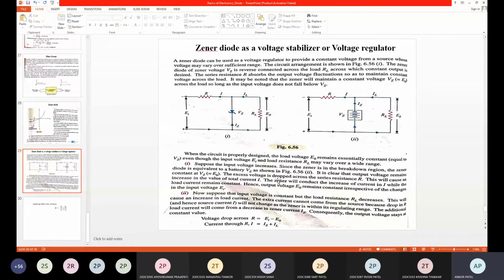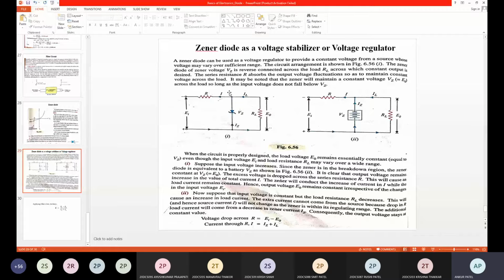If any excess voltage is there, then it drops across the series resistance R. This will cause an increase in the value of total current I. So any excess voltage or current that we are dropping across R results in an increase in this resultant or total current I. The Zener will conduct the increase of current in I while the load current remains constant, due to having this constant value of voltage across this load resistance.